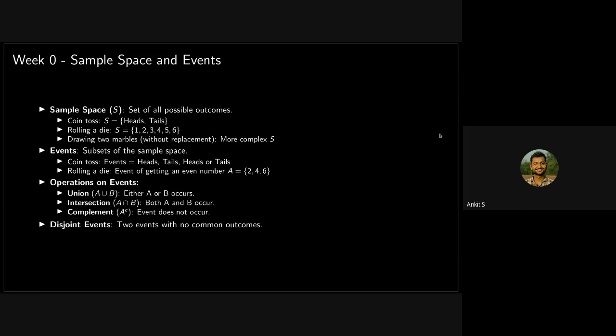And what is an event? An event is just a subset of the sample space. Okay, these things you have been studying all along, so I don't need to spend much time on this. You have already seen that you can do operations on events like union, intersection, complement. Once you define an event, then you have a clear idea of what you are trying to predict.